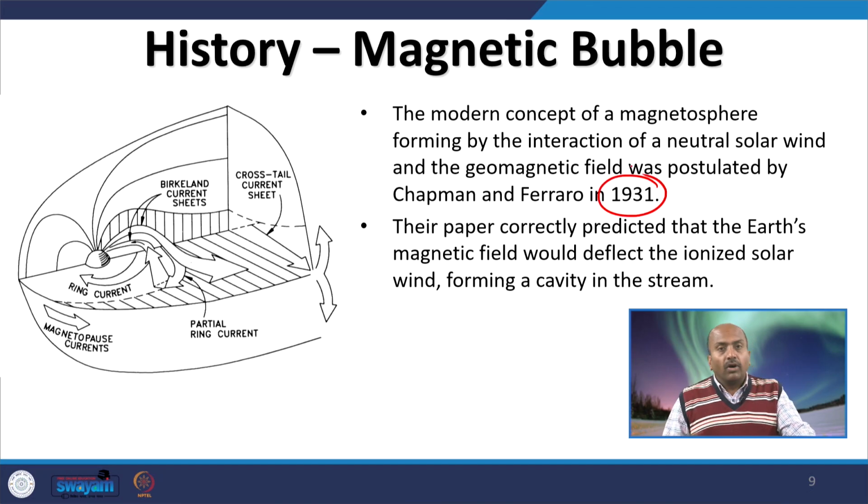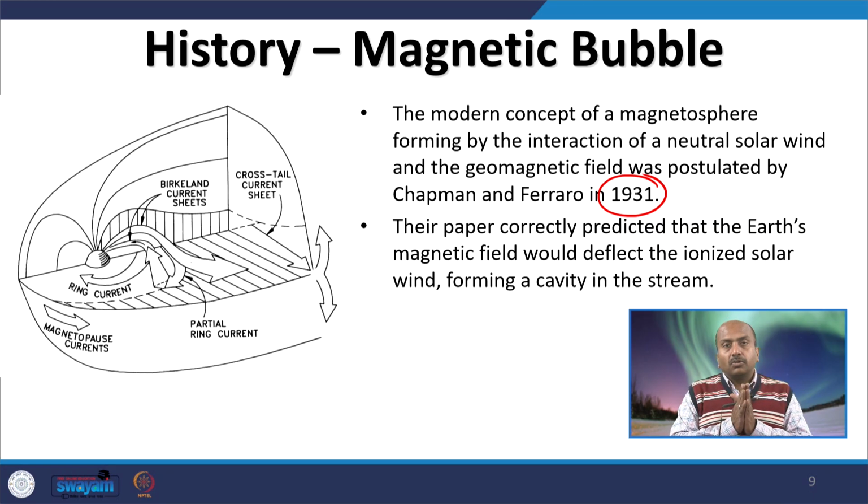Right. Now, so far we have not seen how this bubble is formed. We are just calling this bubble the magnetosphere, and by definition within this bubble the Earth's magnetic field is the dominant one. Outside this bubble, the solar wind magnetic field is the dominant one. But you have to think of a situation of suspending an ideal dipole in a magnetized plasma.